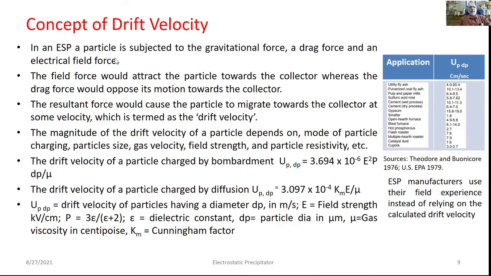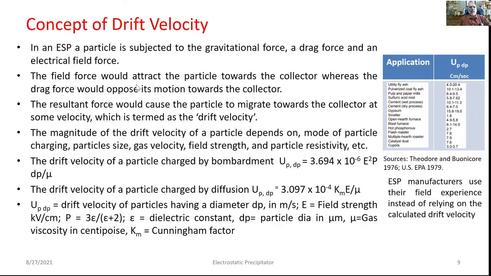In an ESP, a particle is subjected to gravitational force, drag force, and the electrical field force.